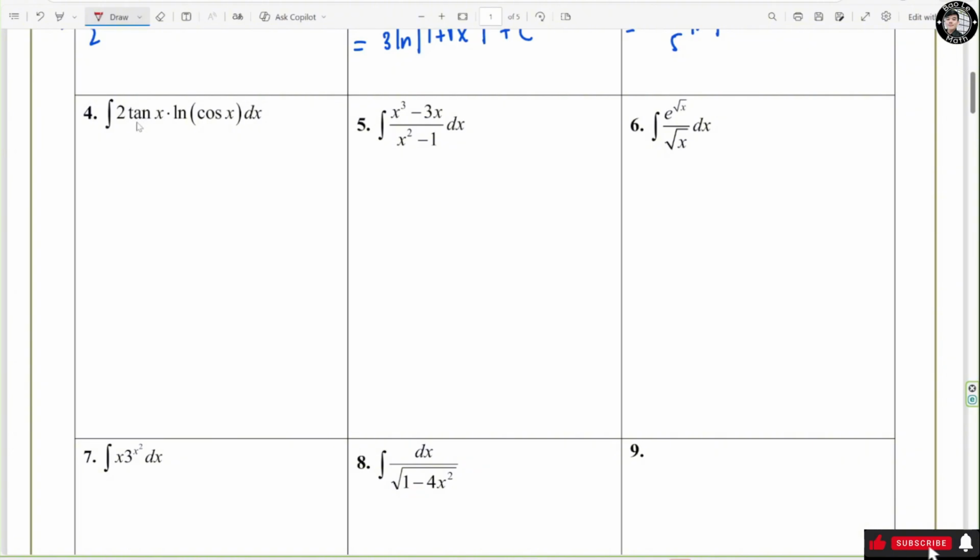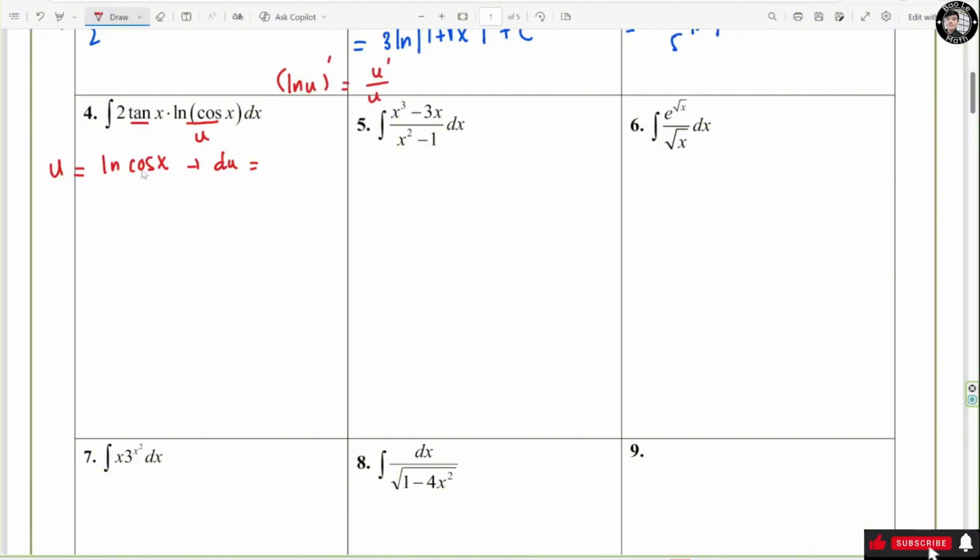We look at this one, and we see that there are two expressions here, right? This one is more complicated. We let u be this one, so u equals ln cosine s, and then du, we're going to use the formula that the derivative of ln u is u prime over u.